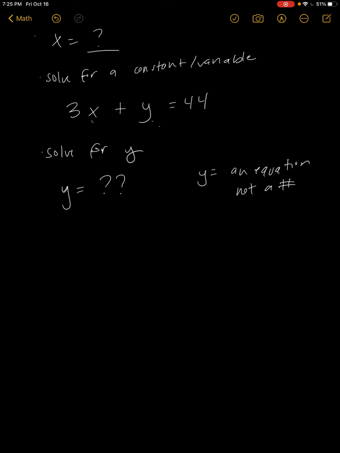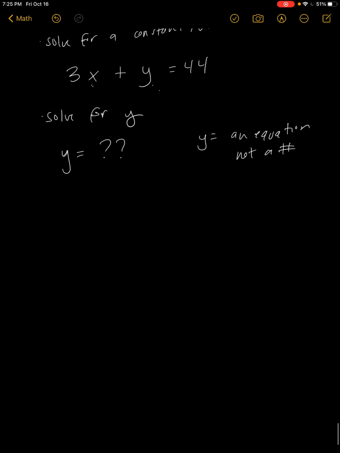That's why it's called a literal equation, because it's still an equation. You're not solving for a number. I know it's really weird terminology, but we have this, and I want to solve for y. That means I want to end up with y alone. So I want to get rid of this 3x.